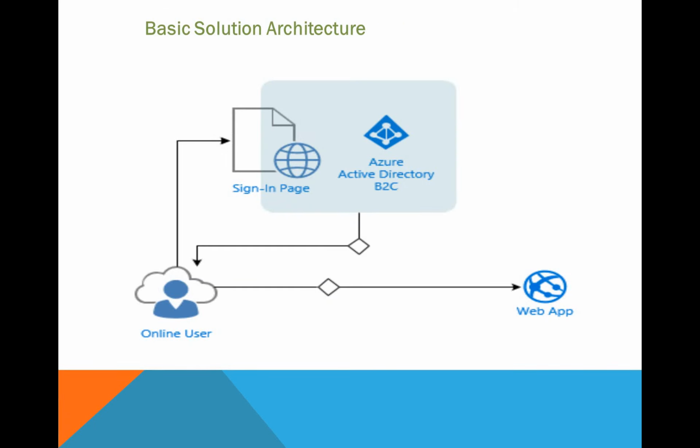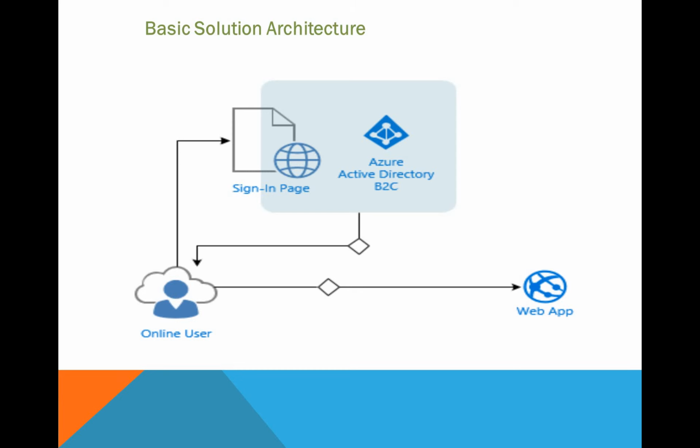So coming to next, some basic solution architecture of Azure Active Directory B2C. When users try to hit the application, it redirects to a sign-in page, where users can enter their user ID and password.